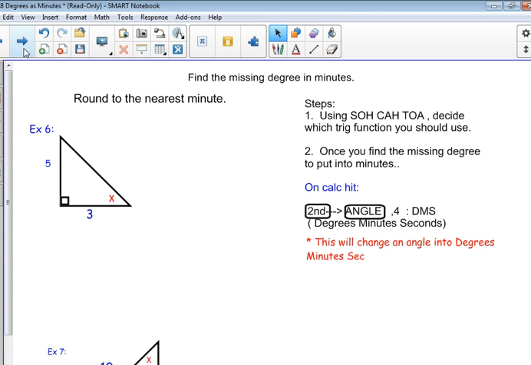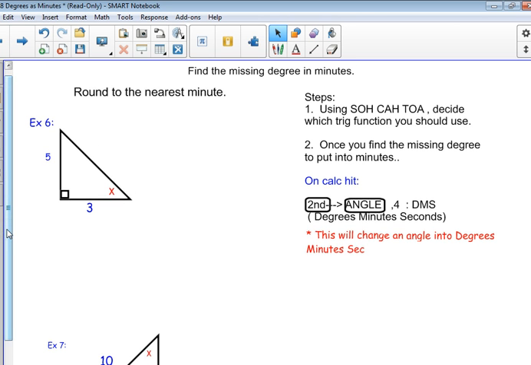Okay, so sometimes instead of just evaluating, they might ask you to give the answer in degrees and minutes. For something like this, where they ask you to round to the nearest minute, the first thing we have to do is get this answer in degrees. So if you were going to find x in degrees, how would we go about doing that?